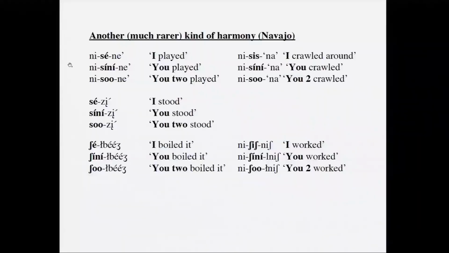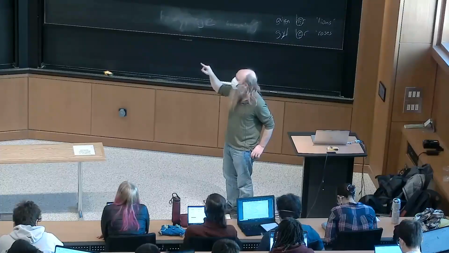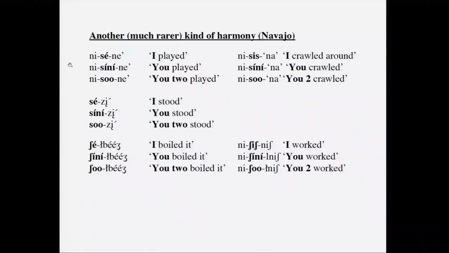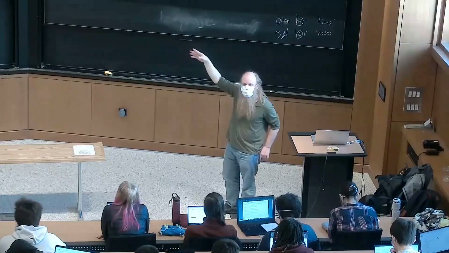So boil, the stem you can think of as spej, and work is nish. So boil has a zh in it, and work has a sh in it. Whereas play and crawl around and stand either don't have sibilants in them at all, or in the case of stand, it has a sibilant, but it's not a post-alveolar sibilant, it's an alveolar sibilant, it's a z.